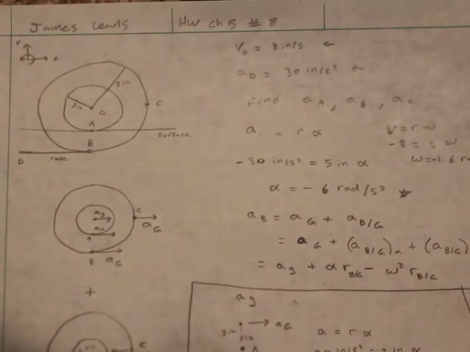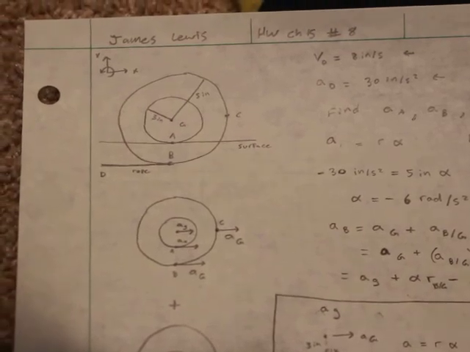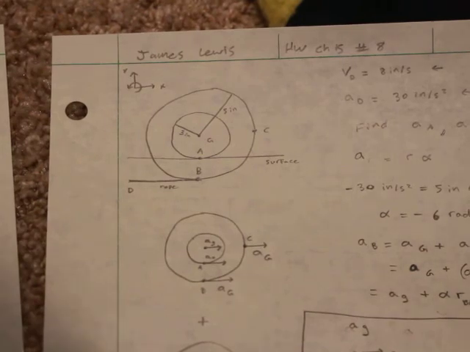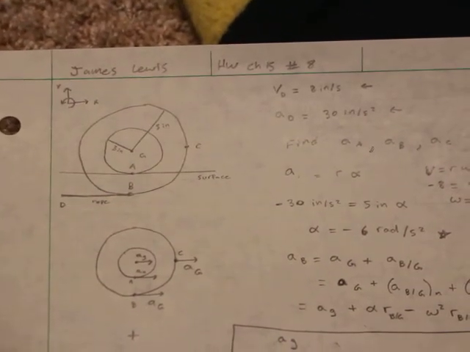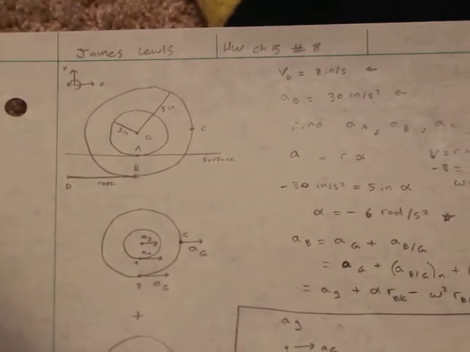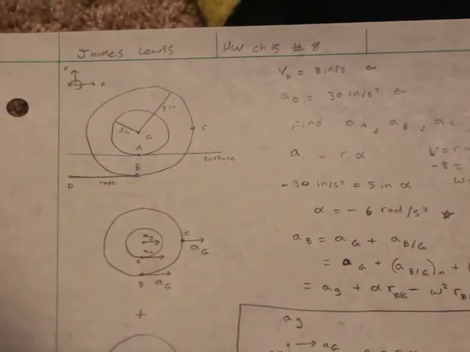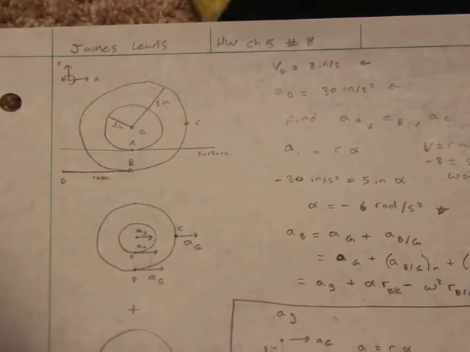And then question number 8. We have a disc that is 5 inches in diameter total, attached to a smaller disc of 3 inches. We have our points A, B, and C, which are what we're looking for. The velocity at this instant is 8 inches per second to the left.